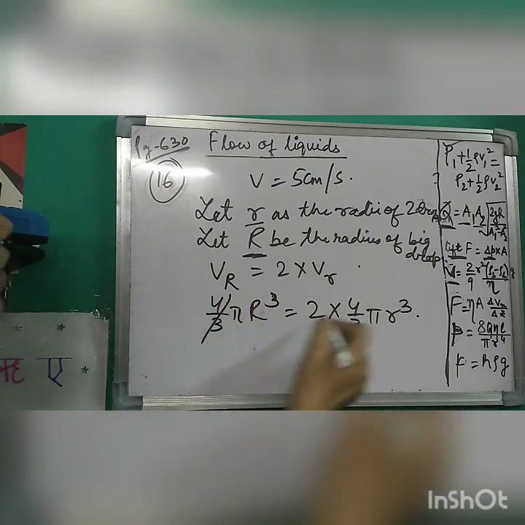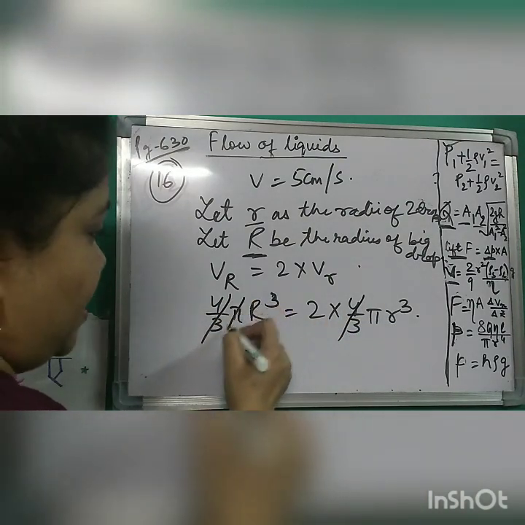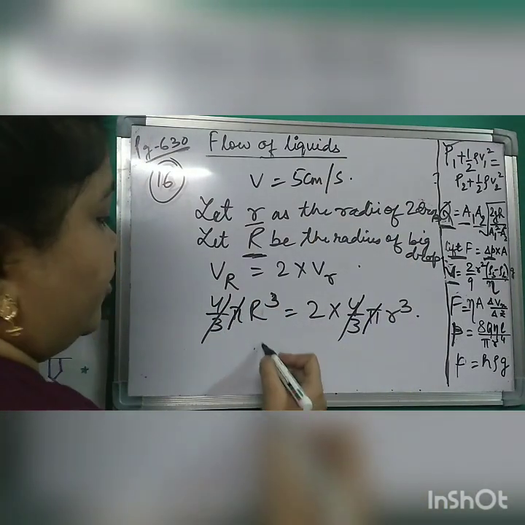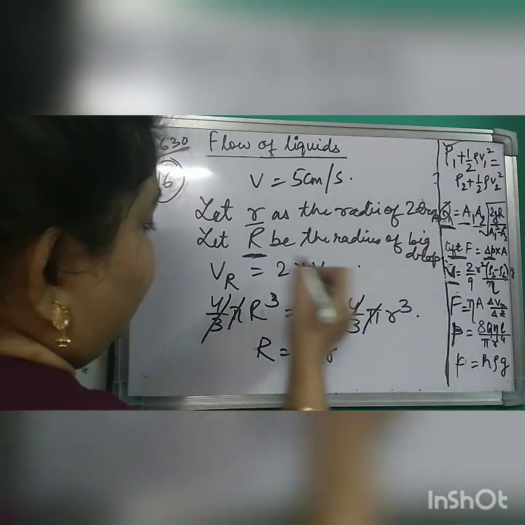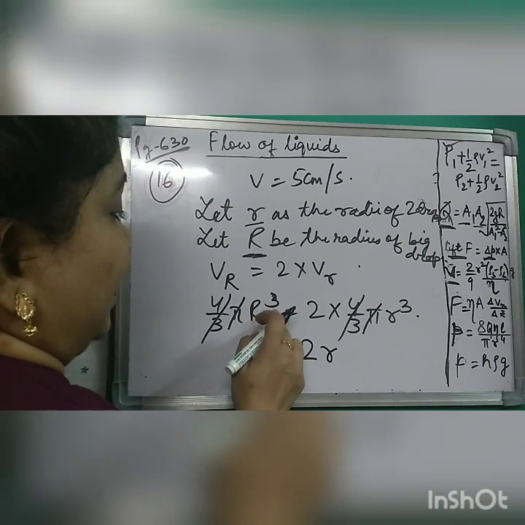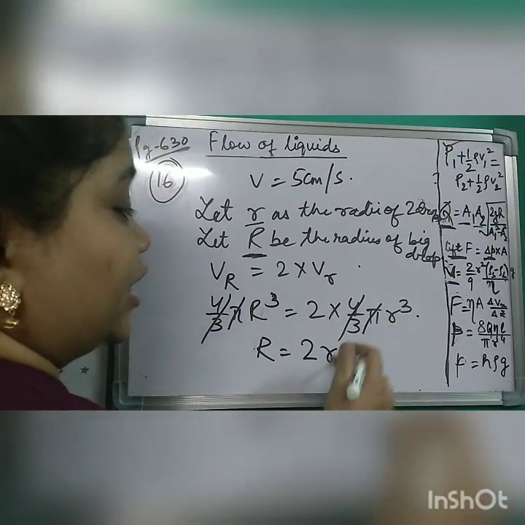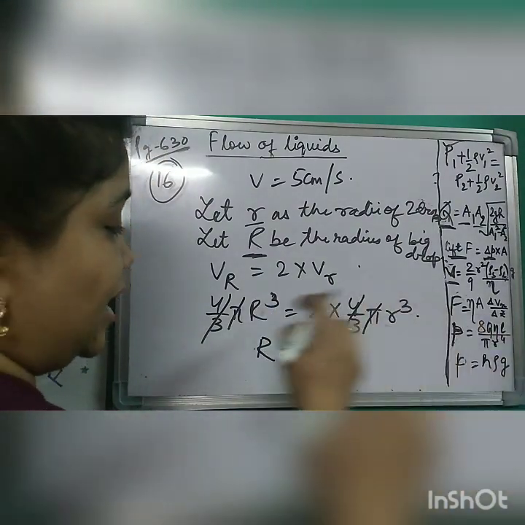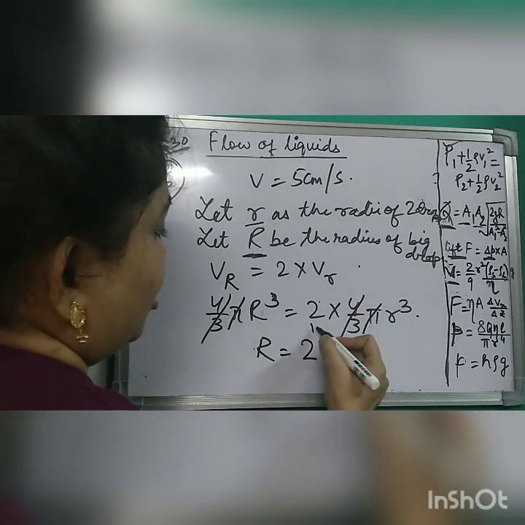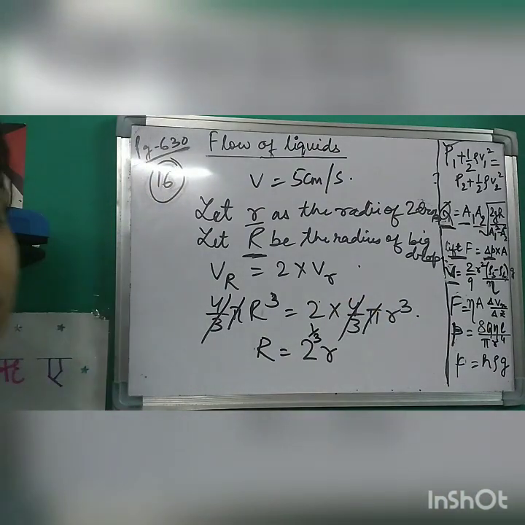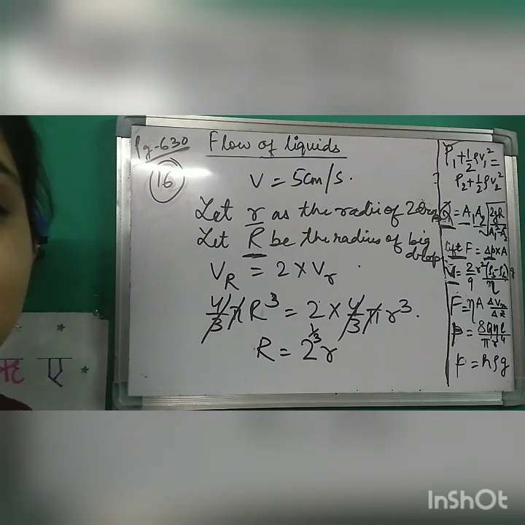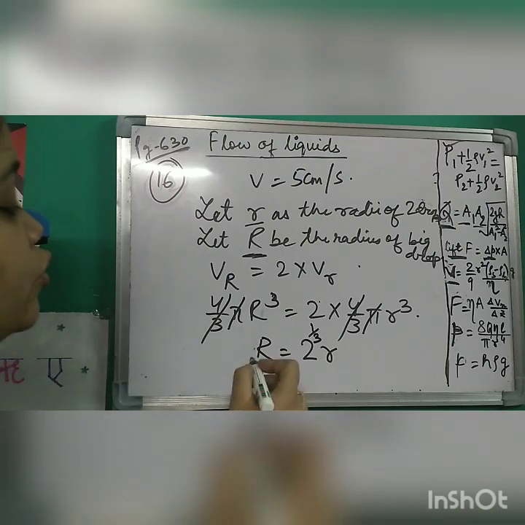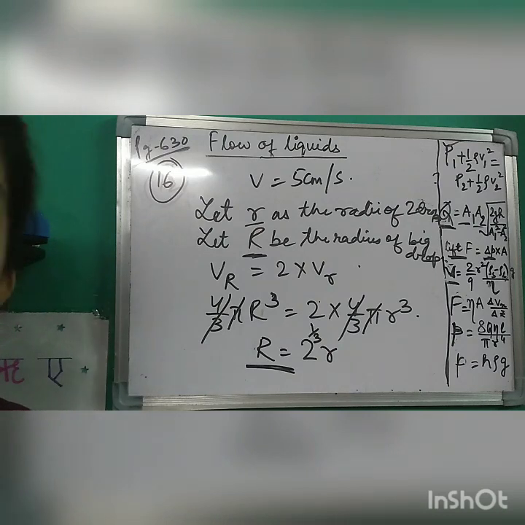So 4 by 3 gets cancelled, pi gets cancelled. What are we left with? R cube equals 2 r cube. So the big radius is 2 to the power 1 by 3 into r.